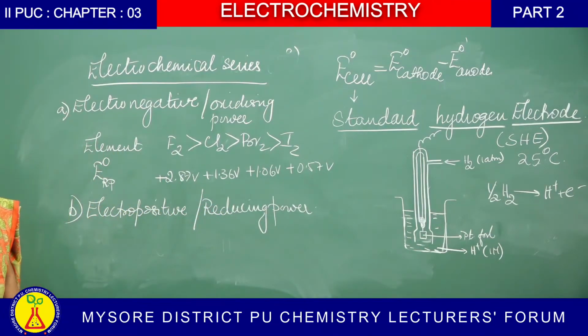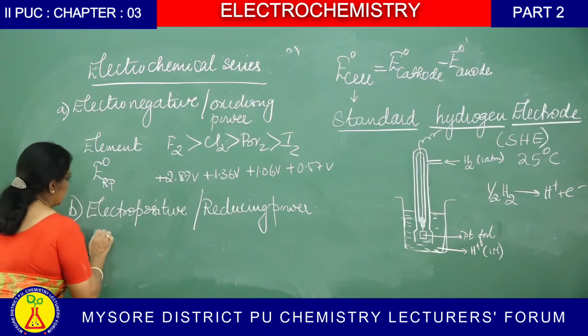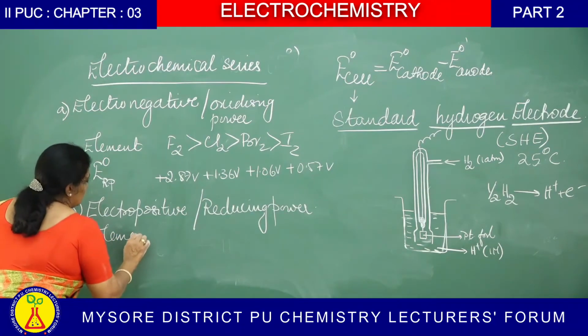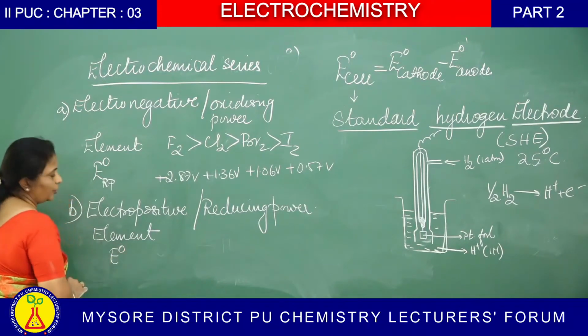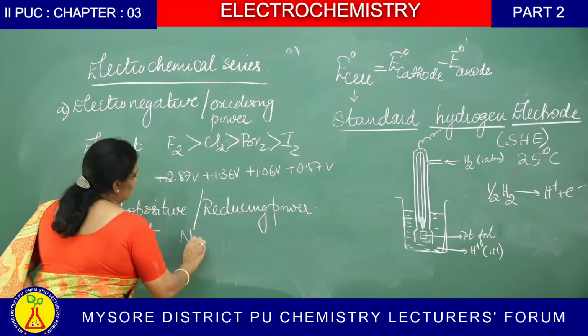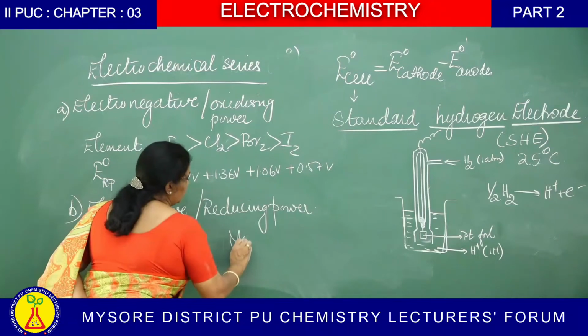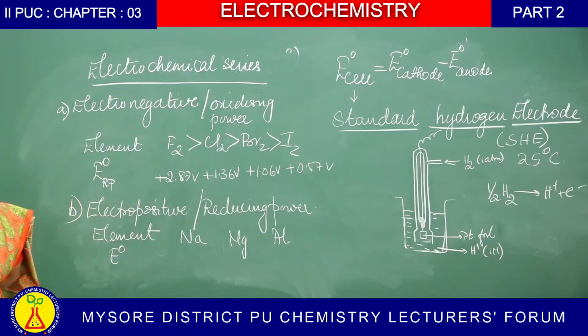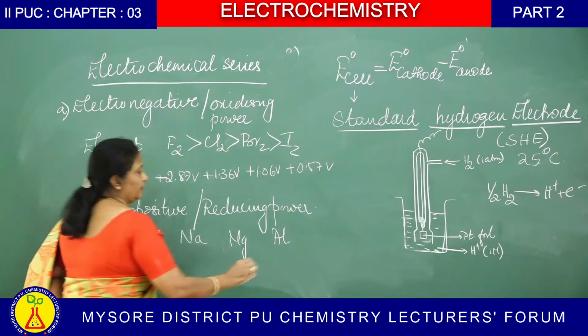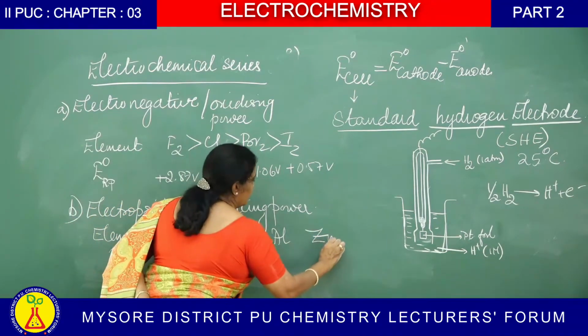So, let us compare the elements here and their reduction potential E naught values for sodium, magnesium, aluminum and zinc.